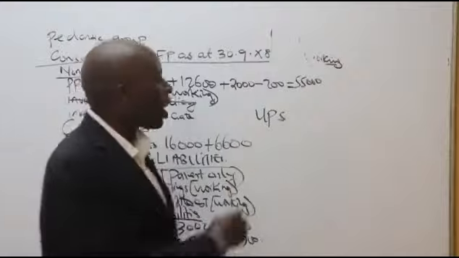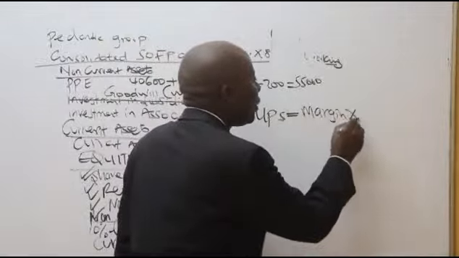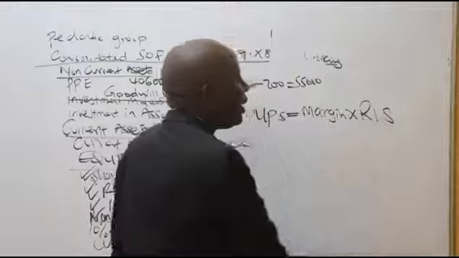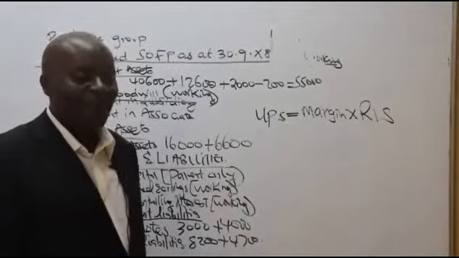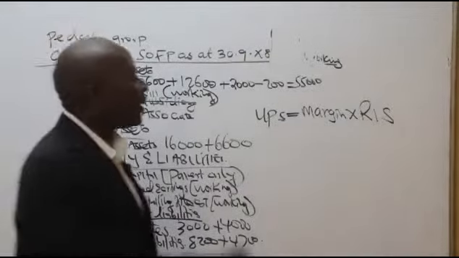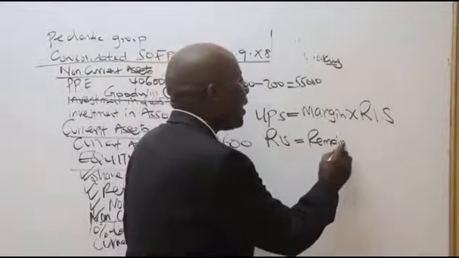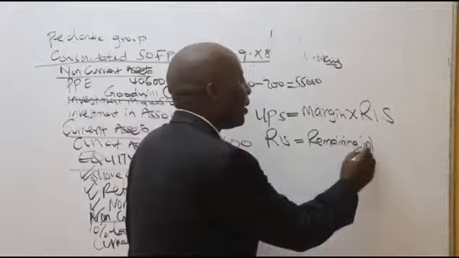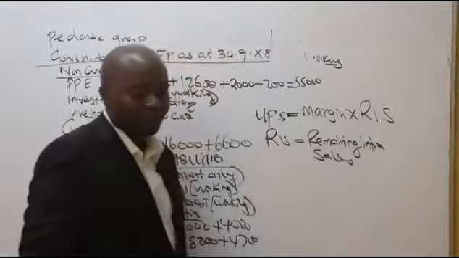Unrealized profit on stock, normally we get this by taking the profit margin times the famous REIS, where REIS stands for remaining intra-sales.